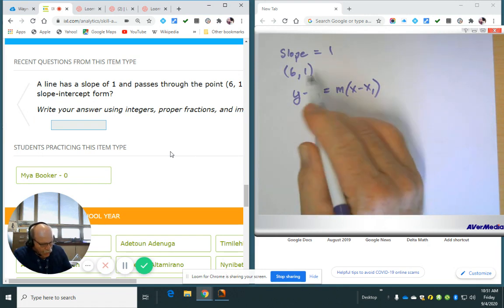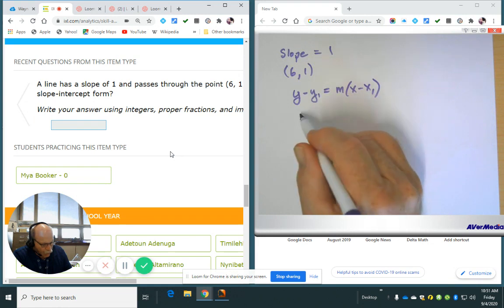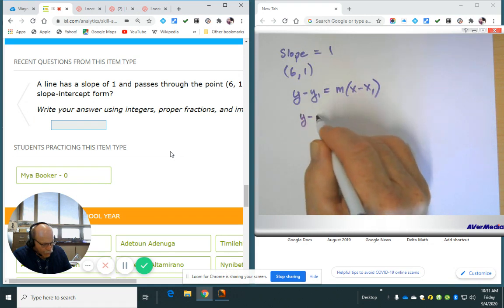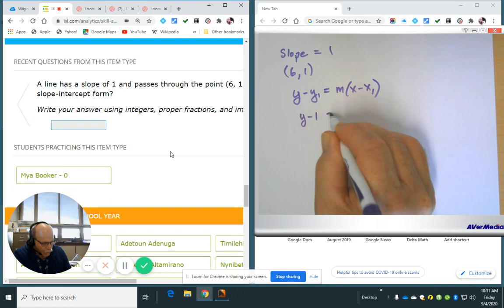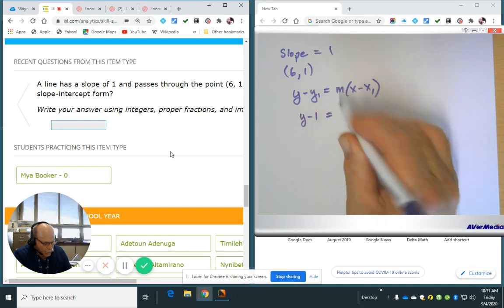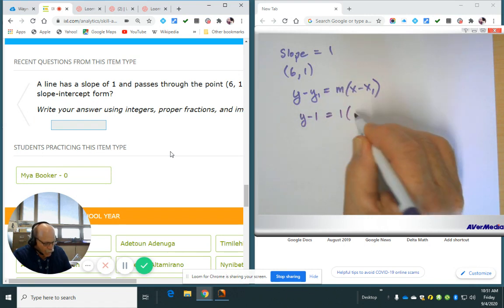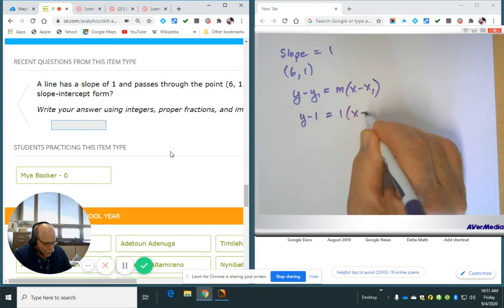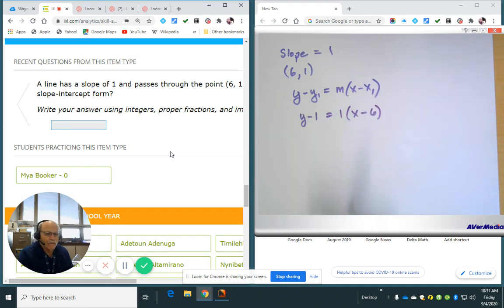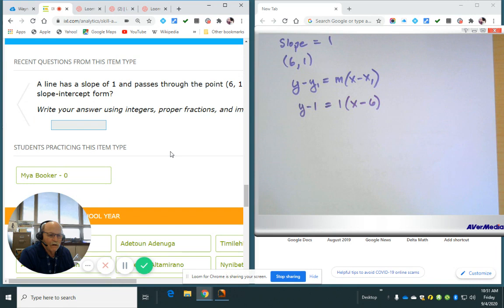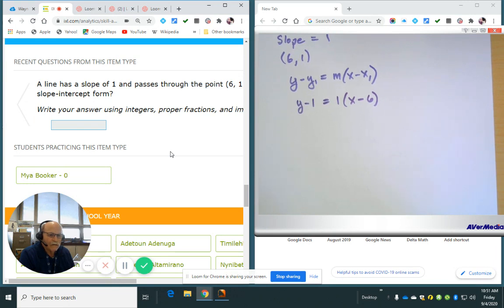I'm given the point, so I write y minus 1 equals, remember m is the slope, so 1 times x minus 6. All I then have to do is get y on one side, x on the other.